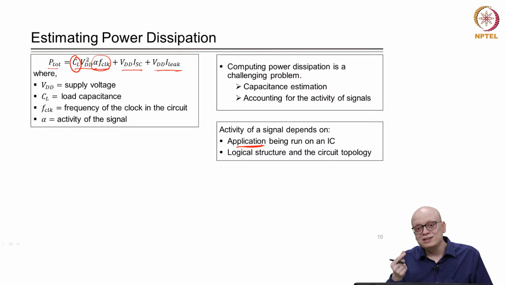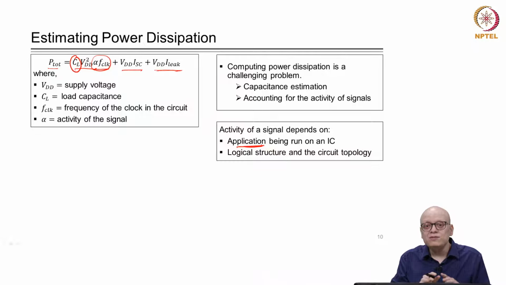So, for a given chip or integrated circuit, estimating the activity is very difficult because it depends on the application, and we need to understand the details and the loads that the application will apply on our circuit to estimate the activity of the signal.